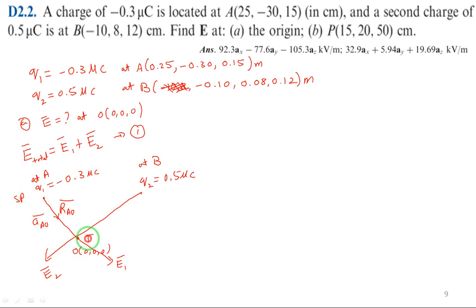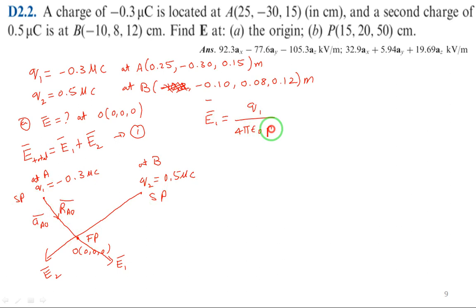This is the source point and this is the field point. And another source point is at B. Is it clear? Okay. First we will find E1. E1, the source point is Q1, by 4 pi epsilon naught, right?